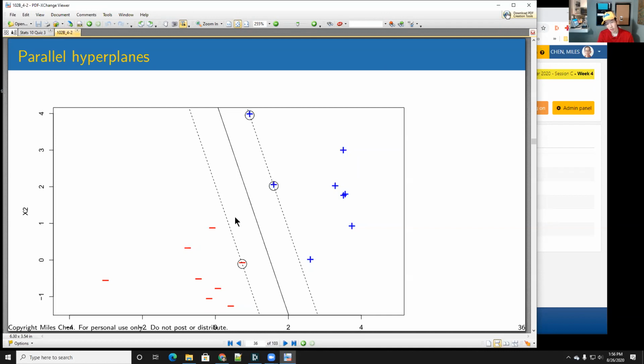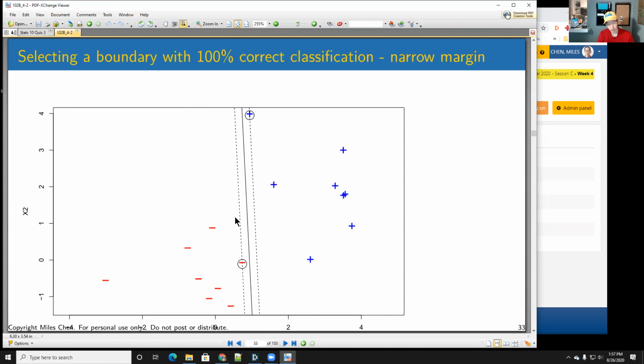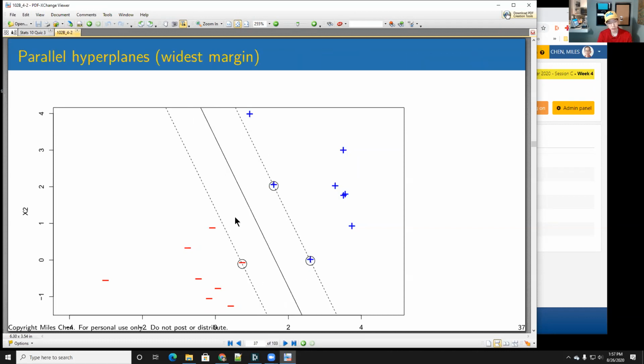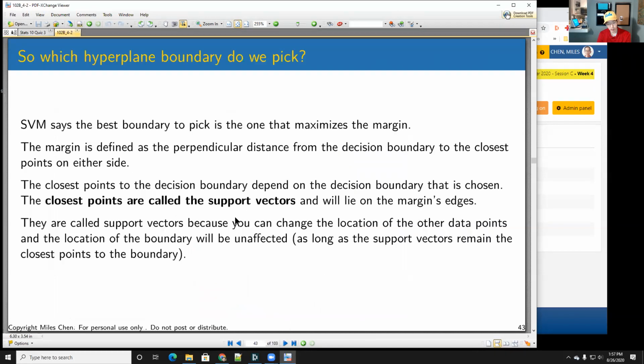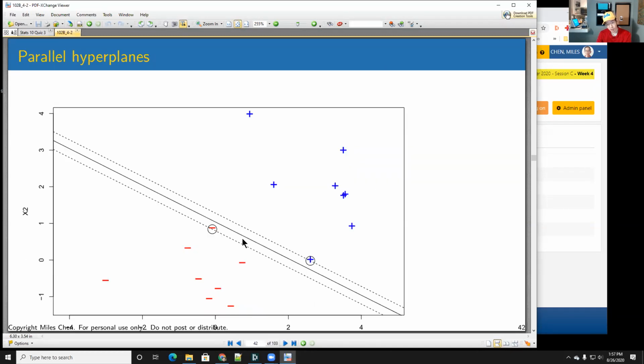So we would say this one is more preferable. This is the widest margin that works, and there are still more hyperplanes that can be drawn. This pair of parallel hyperplanes also does the job of separating all the blue from all the red.